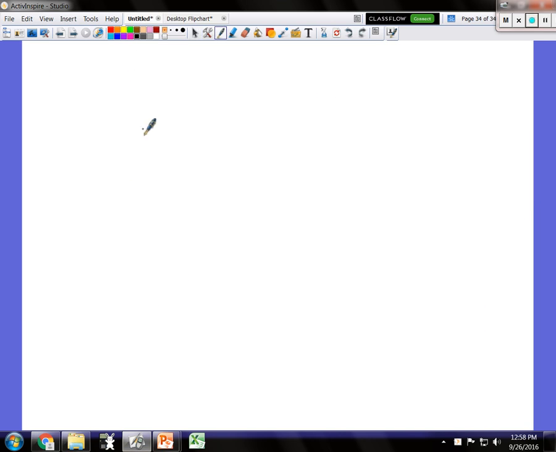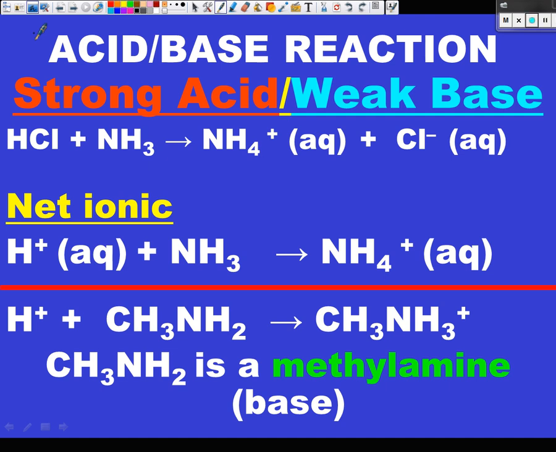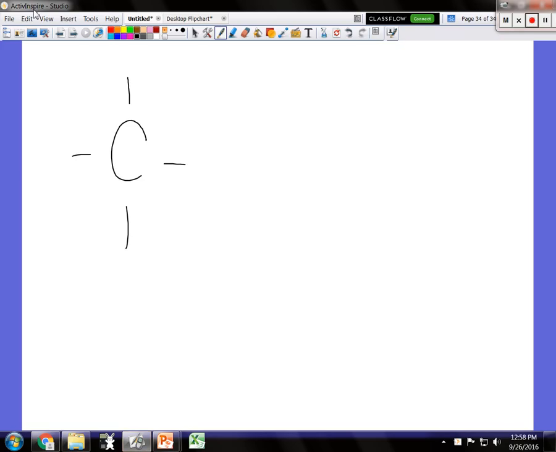Every carbon has how many bond locations? It has 4, because it's got 4 valence electrons.